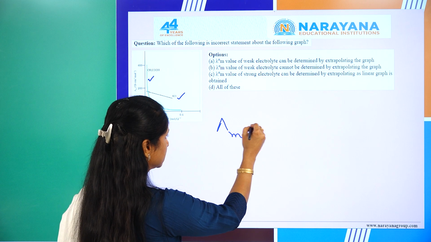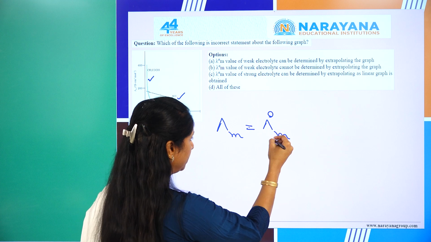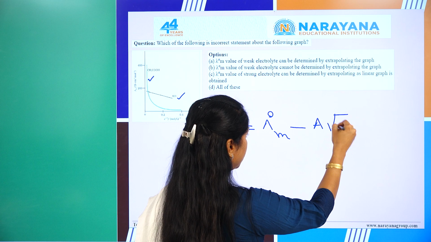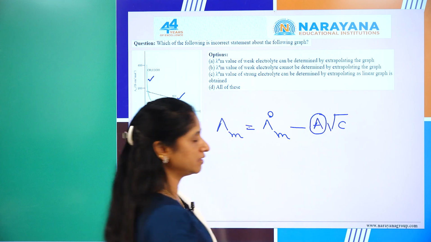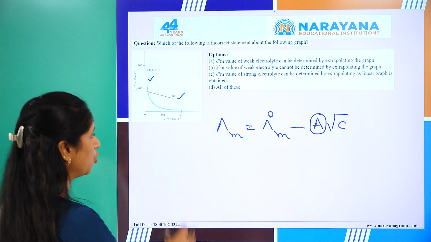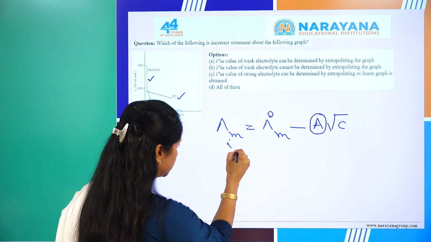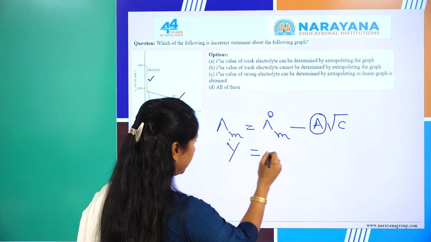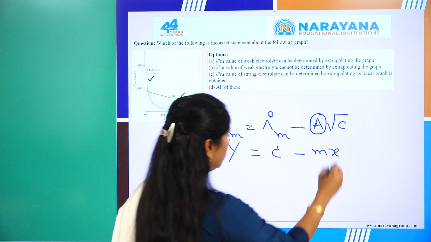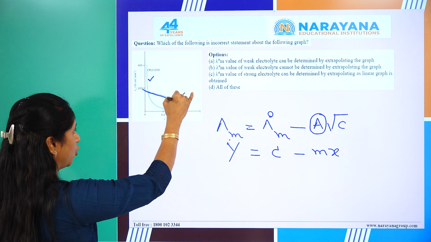Molar conductance, by the Debye-Huckel-Onsager equation, is equal to the limiting molar conductance minus A square root of C, where A is a constant that depends on the nature of the electrolyte or salt taken. If I plot molar conductance versus square root of concentration, it has the form y = -mx + c, a straight line with an intercept on the y-axis and a negative slope.